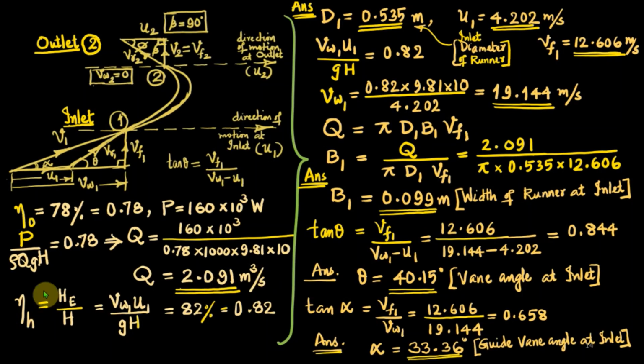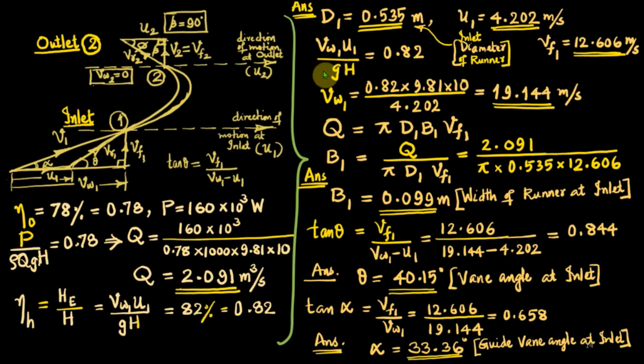Now we'll go back to the hydraulic efficiency expression. What is that? Vw1 U1 divided by GH for the Francis turbine when Vw2 is 0. So that is equal to 82%, that is 0.82. So Vw1 U1 by GH is equal to 0.82, and U1 is known, H is known, and G is available.